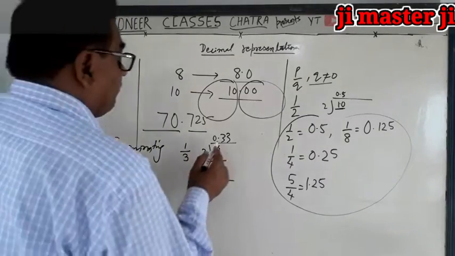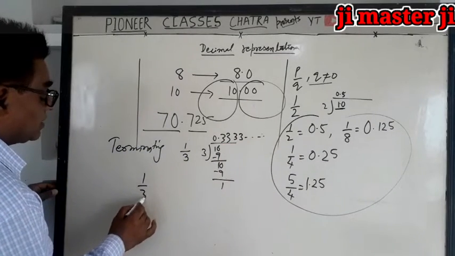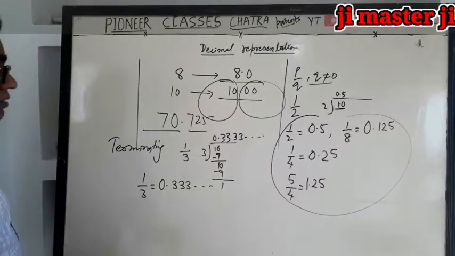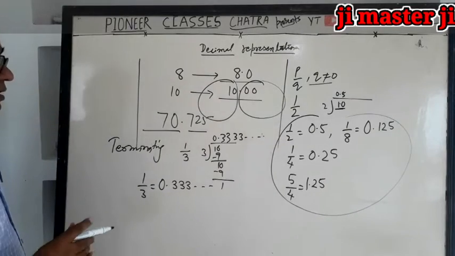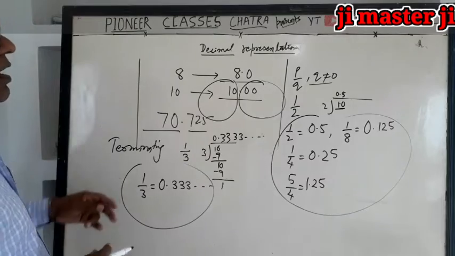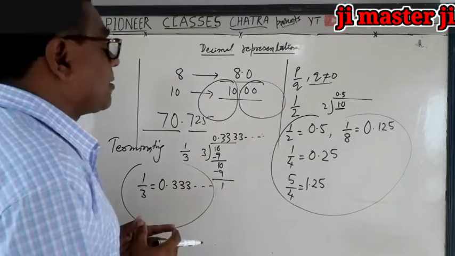So we find here the quotient is 3 3 3 3. So 1 by 3 is equal to 0.3333. So this process is non-terminating. So this type of decimal representation is called non-terminating decimal representation.